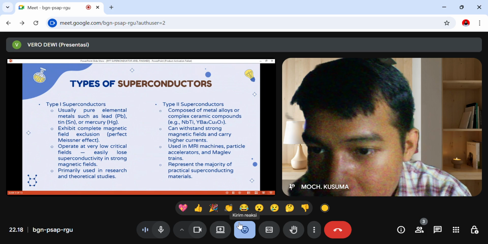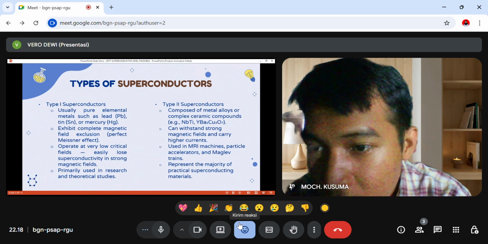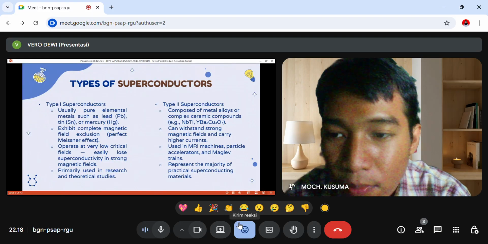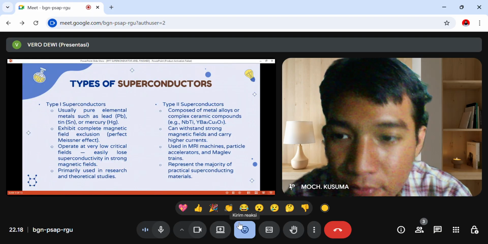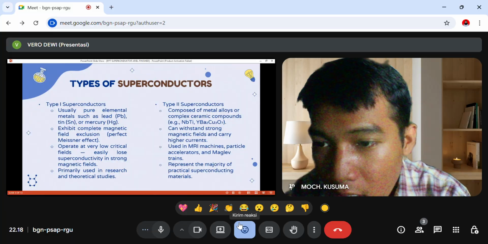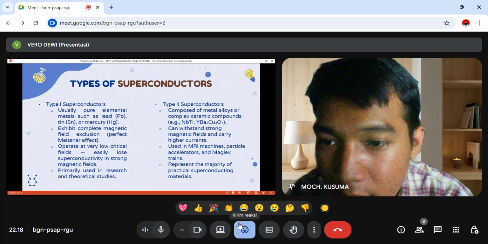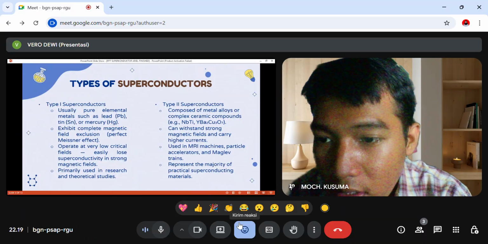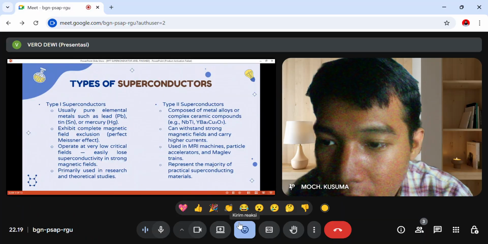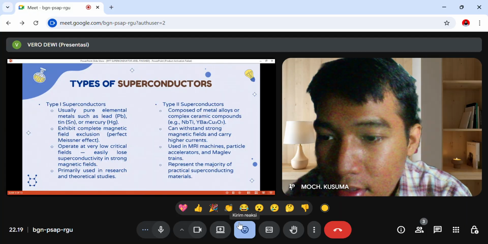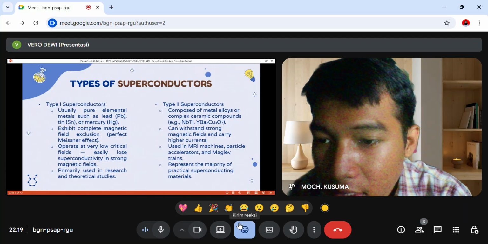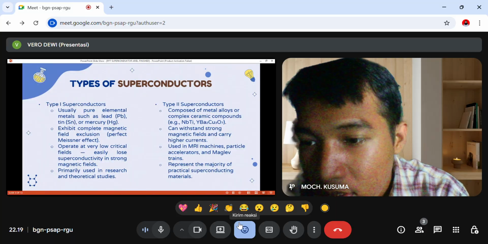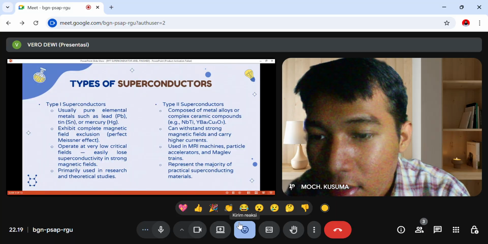Exhibit complete magnetic field exclusion, or the perfect Meissner effect. Operate at very low critical fields, easily lose superconductivity in strong magnetic fields. Primarily used in research and theoretical studies.